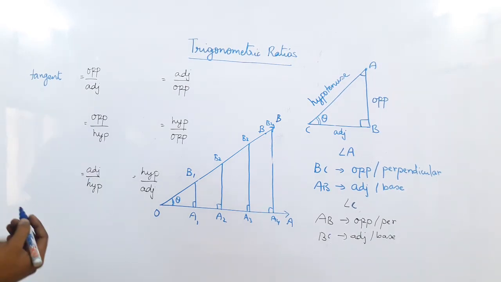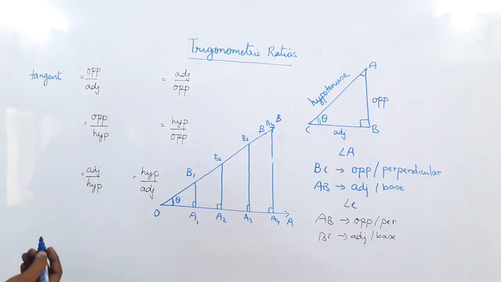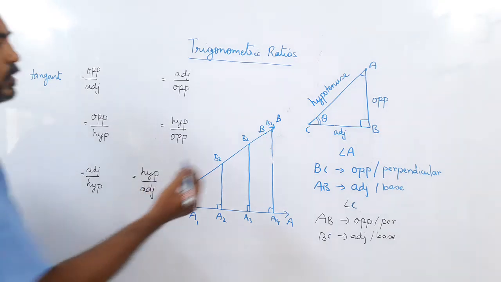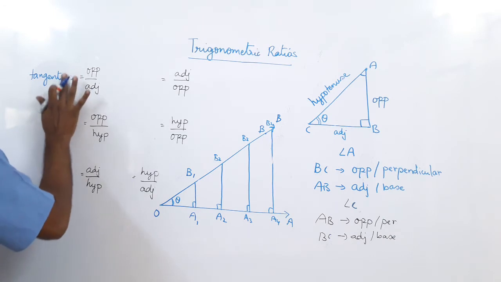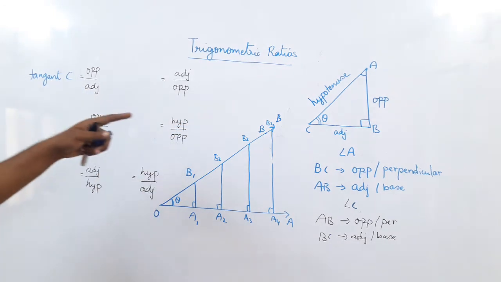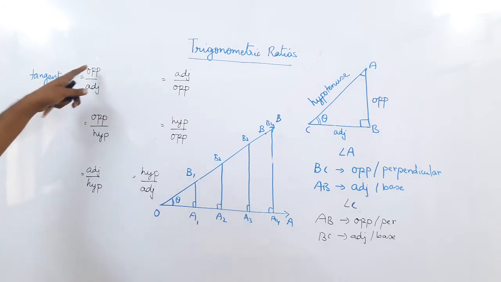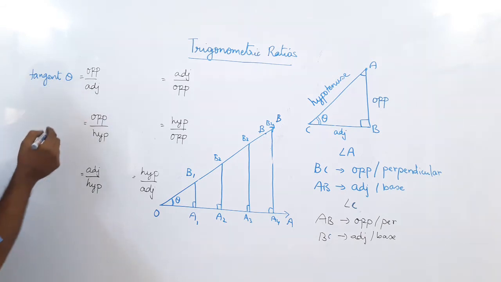In circles you have tangent, but remember the ratio of the opposite and adjacent side is called the tangent. Tangent to which angle? You can call it C or theta. So I can call it theta also, I can call it C also. Because the angle C, so tangent of C is which ratio? Opposite upon adjacent, or I can call it tangent theta.